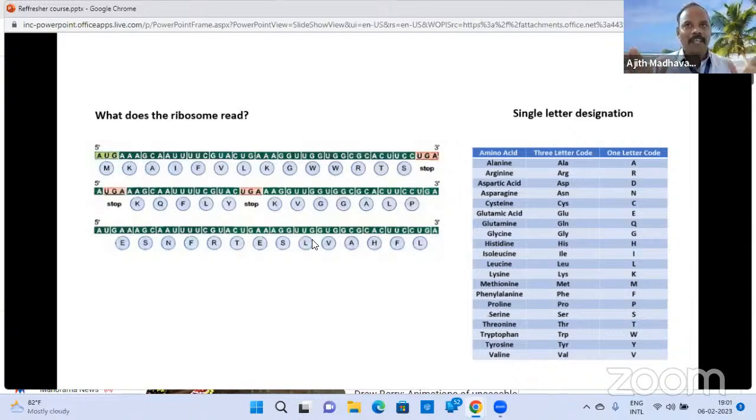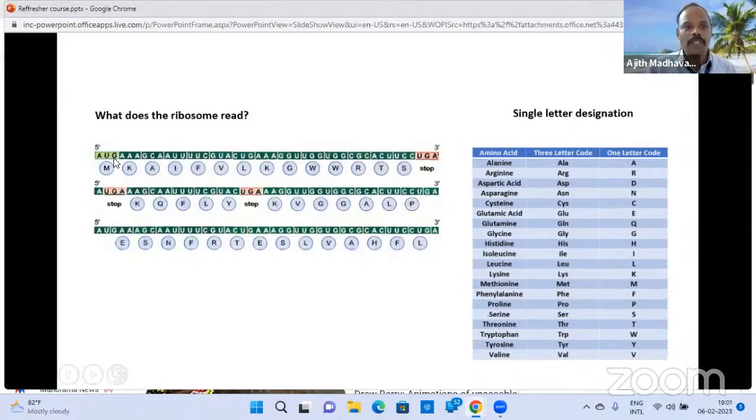Now, like transcription, translation also has the same problem: where to start and where to end. The translation always starts at a start codon. You can see it starts here, reads one codon at a time and moves on, reaches a stop codon, and stops there.